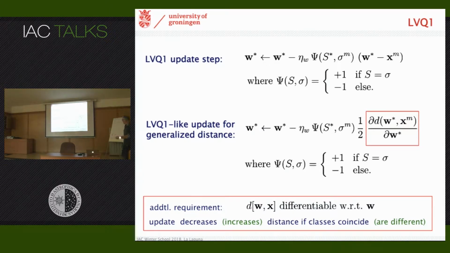And the update always works like that: the distance, whatever it is, is increased if the data point and the prototype are from different classes, and it's decreased if the data point and the prototype are from the same class. Okay. Euclidean is the most intuitive, but you can use any other differentiable distance measure here.